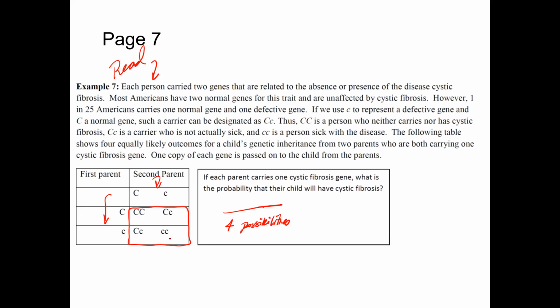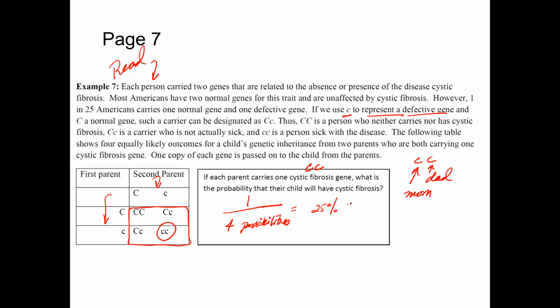Here you're looking for the little c, because a little c represents a defective gene. So if you have 2 little c's, that means you're receiving 1 from the mom, and then also 1 is unfortunately passed down from the dad. So here you have 1 out of 4, which is 25%.